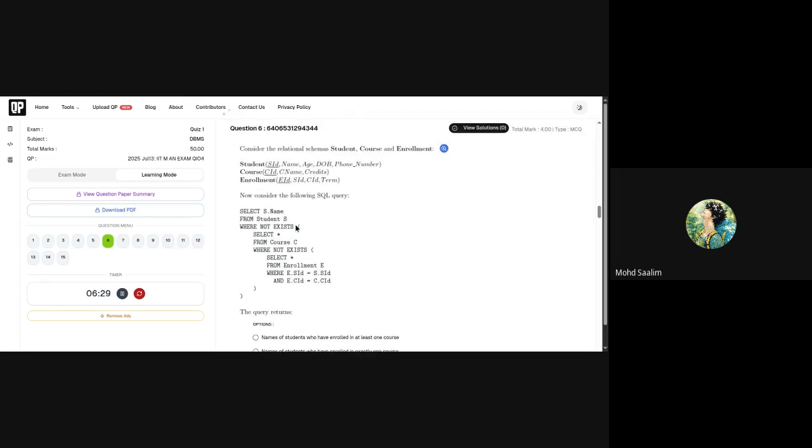So this collection will be empty when there will be no enrollment, right? And if it is not empty, then what does that mean?